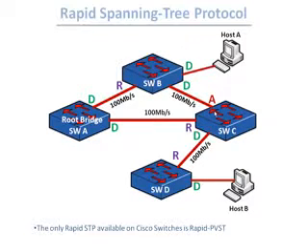The alternate port, under normal conditions, acts like a real blocking port, meaning it blocks all traffic with no problems whatsoever. However, the alternate port is basically an alternate port for the root port, meaning this is an alternate way to go to the root bridge.